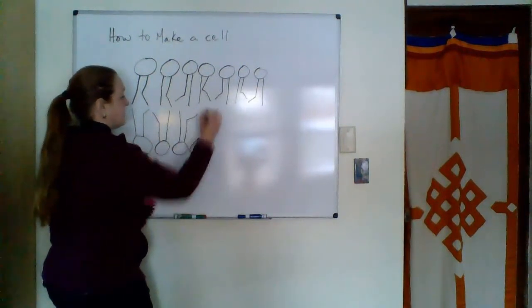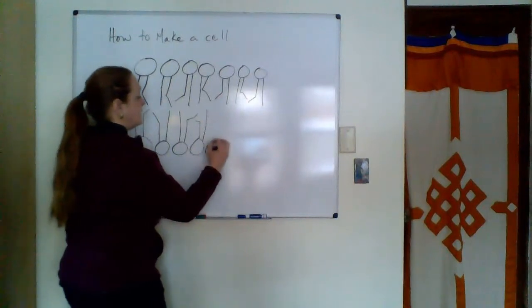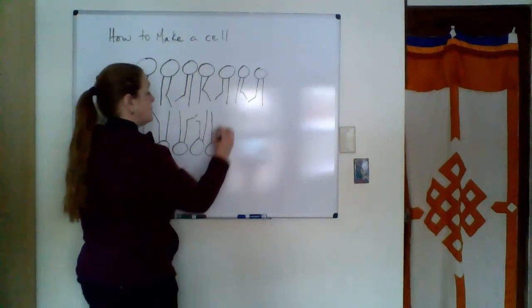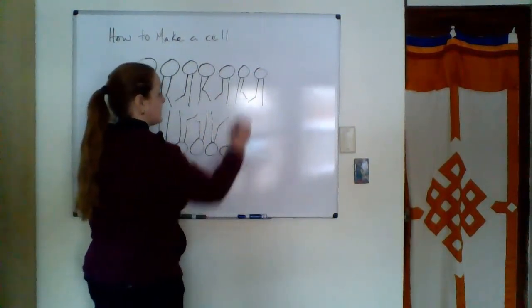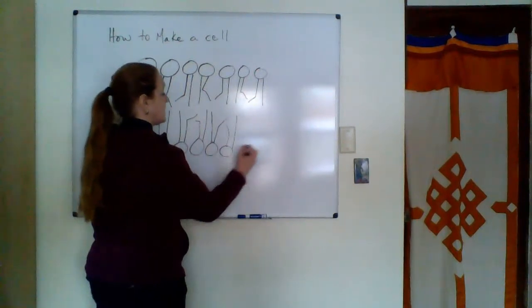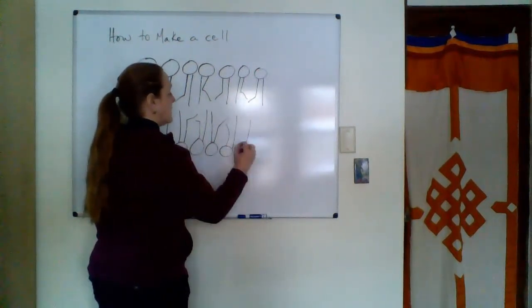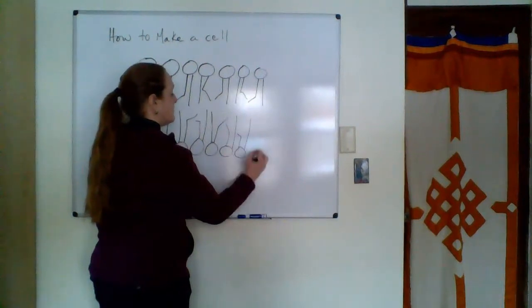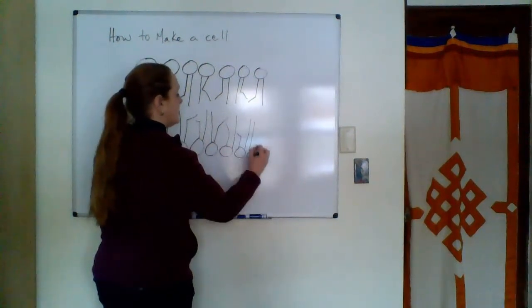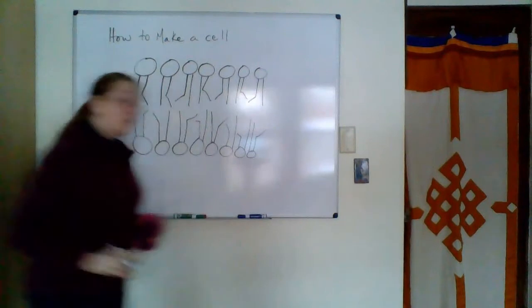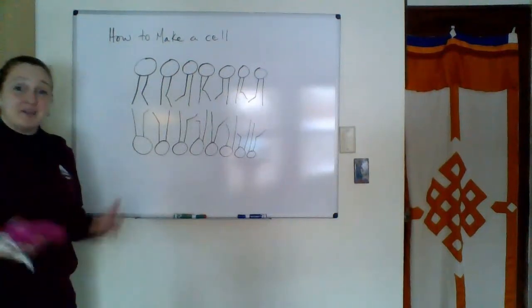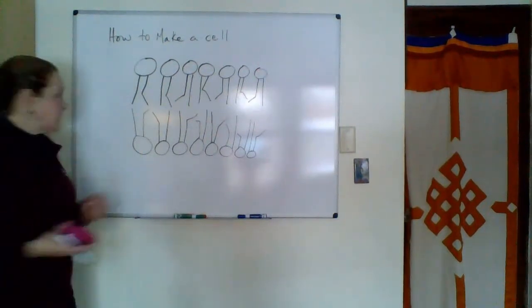We get this bilayer of phospholipids, two molecules thick, two phospholipids thick. And all of our cell membranes, a lot of our plasma membranes will be this bilayer of two phospholipids.